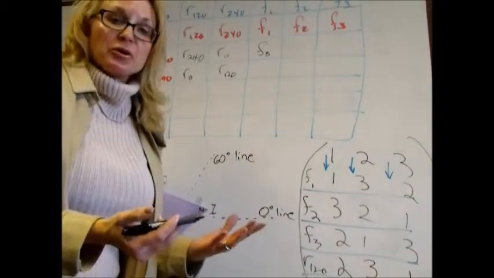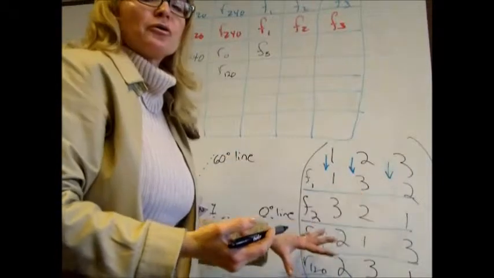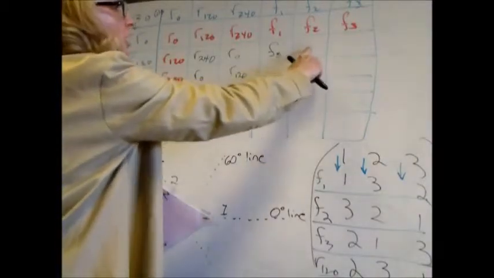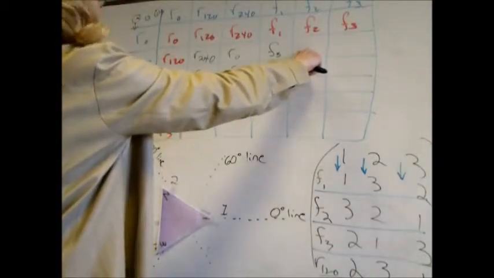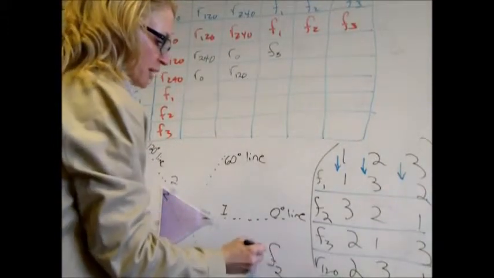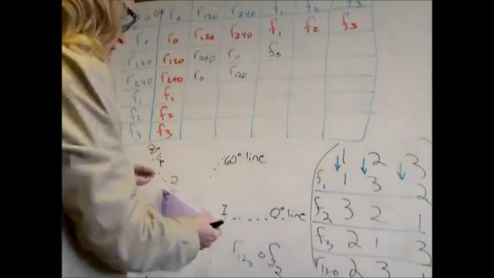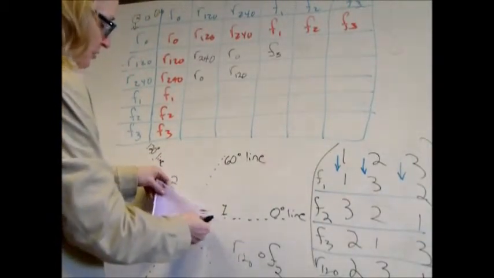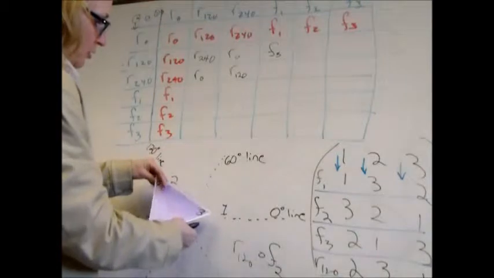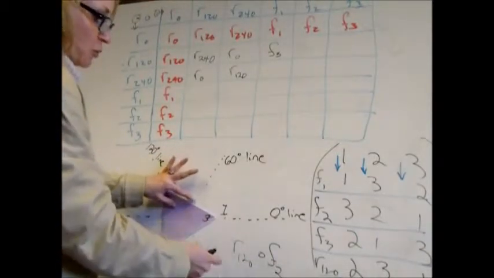The other way for me to go through and figure these things out without using this triangle is simply to trace through what happened. If I wanted now to figure out what is F2 followed by R120, so first I'm doing F2 and then I'm doing a rotation through 120 degrees. So first I flip through the 120 degree line, and that fixes vertex 2, and it interchanges 1 and 3.